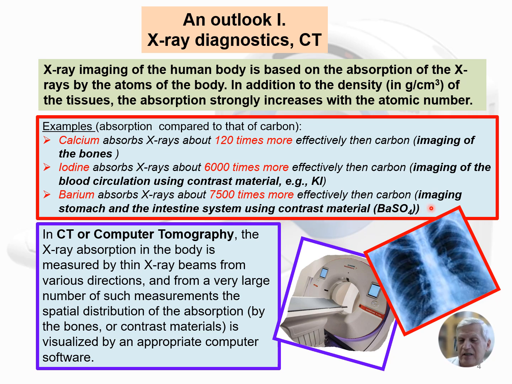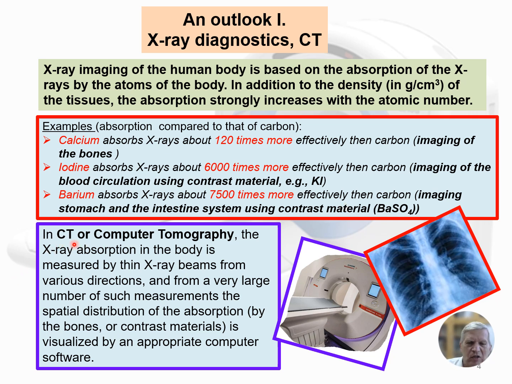It is interesting that barium is a very poisonous metal. However, barium sulfate is so insoluble in water that it is absolutely safe. So you just eat some barium sulfate and your stomach and intestine system is imaged by X-ray investigations. This is regular X-ray imaging. You just need an X-ray tube and some recording material, and that's it.